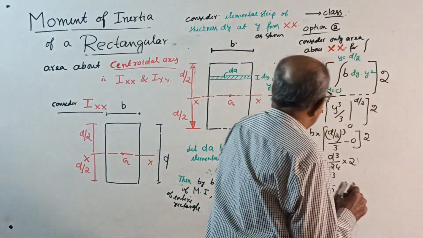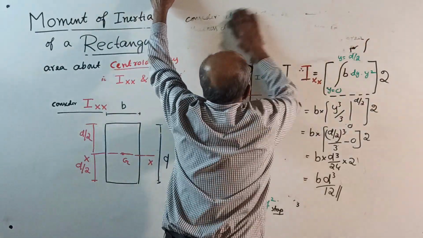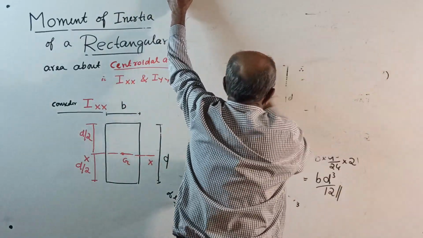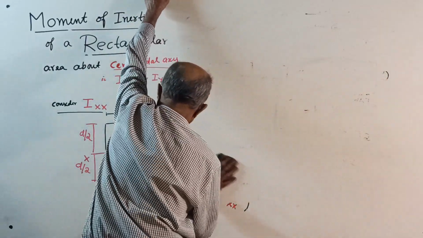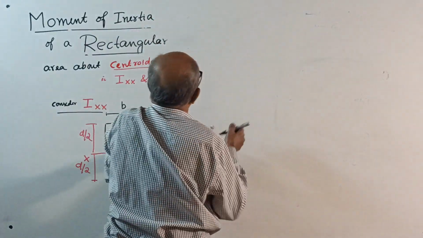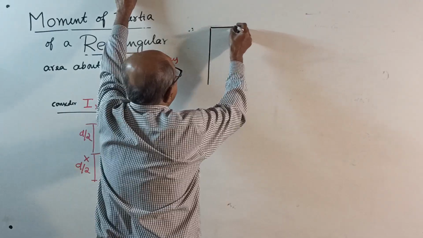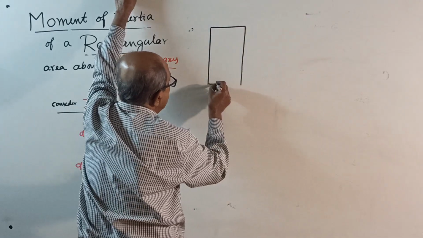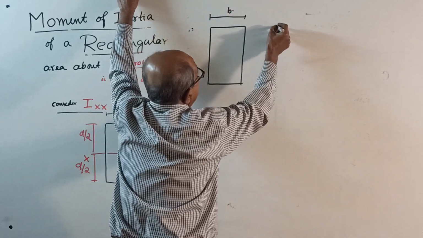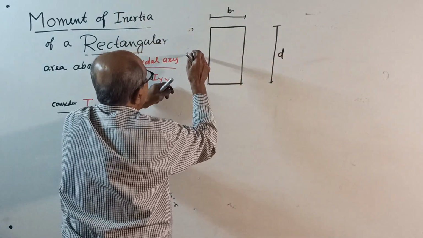Now, I will write the result for you. Therefore, for a rectangular section, I have to give a brief result because later I am writing the full summary. If this is b, and this is d, this is your xx axis.